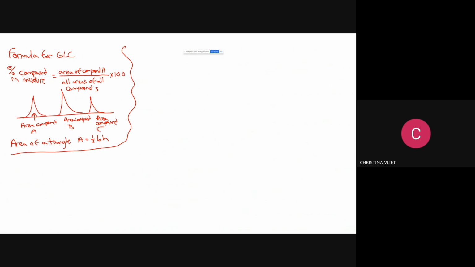All right, so that concludes everything that's not NMR. We took about 35 minutes to do everything that's not NMR, so we've got about 35 minutes to do everything that is NMR. Very exciting.